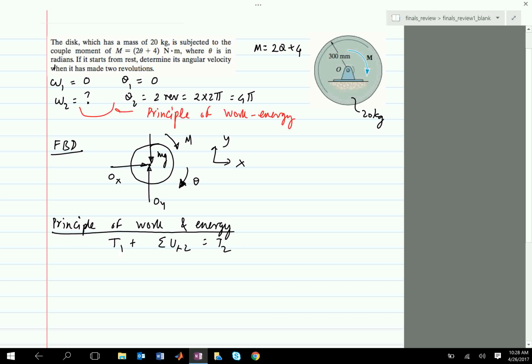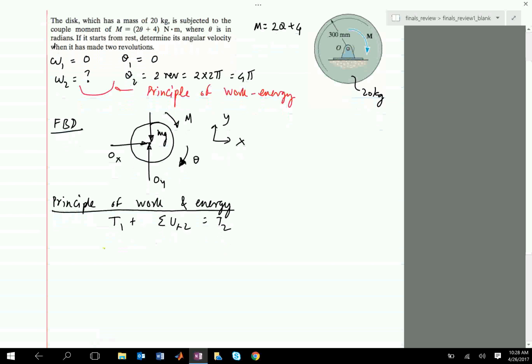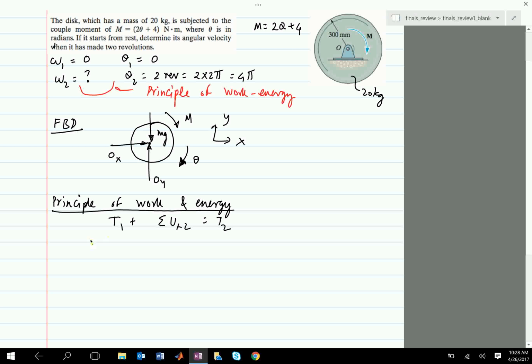That remains the same. However, T1, as somebody pointed out, is not half mv squared, right? Because it's not a particle, it's a rigid body. So T1 is half I_O omega 1 squared, and the final energy is half I_O omega 2 squared.